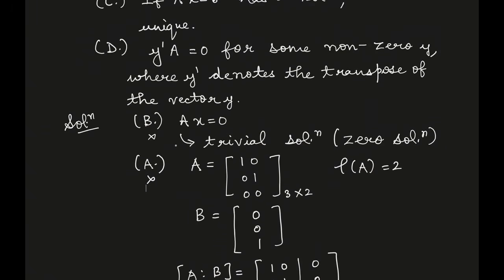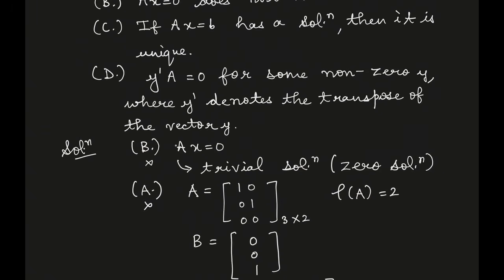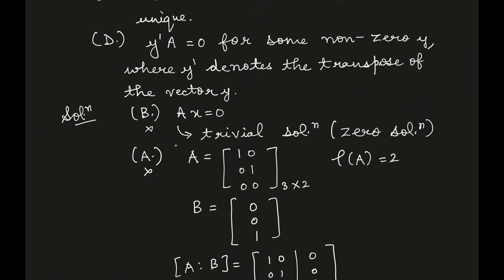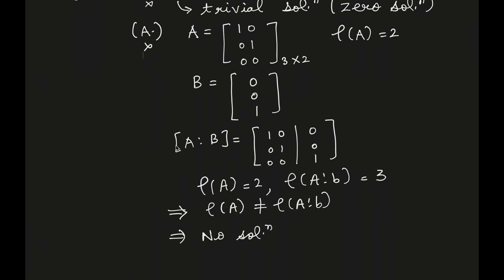Yes, ma'am. Now D part. Y transpose A is 0 for some non-zero y, where y transpose denotes the transpose of the vector y.